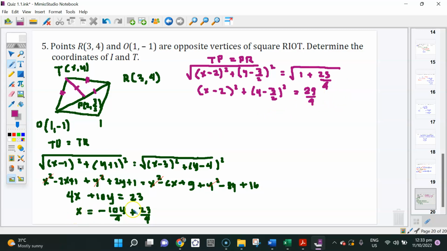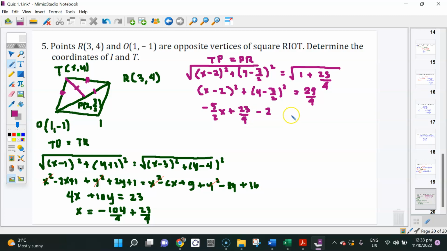Looking at equation number 1 here, I can substitute this expression, negative 10y over 4 plus 23 over 4, in place of x, so that it will only leave us an equation in y. You get it? I'll simplify, so that's negative 5 over 2 y, plus 23 over 4, that's the x minus 2.